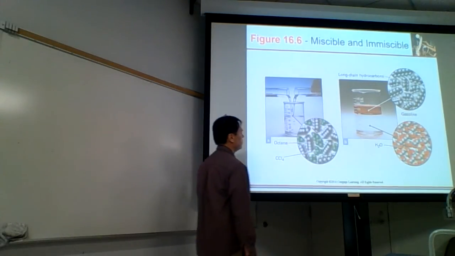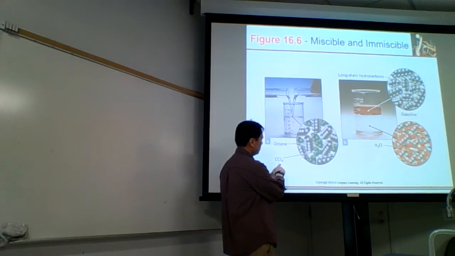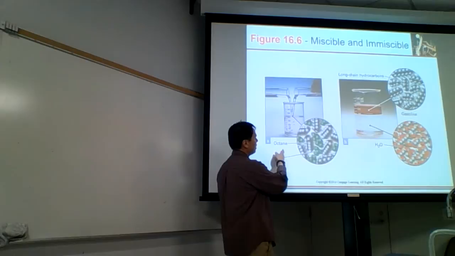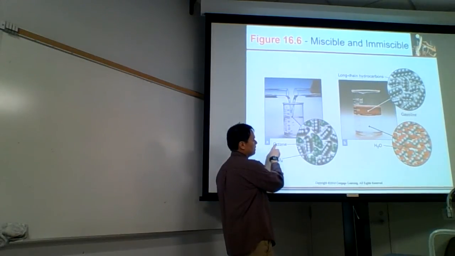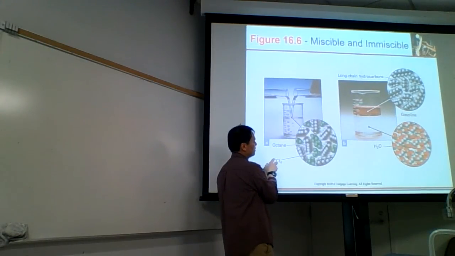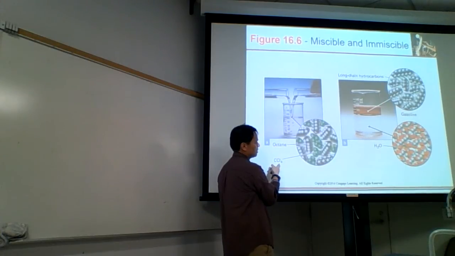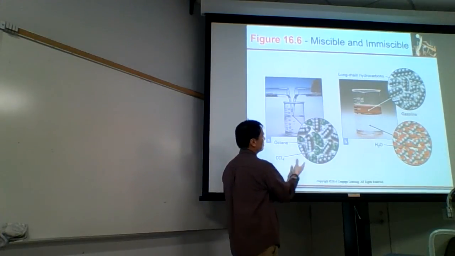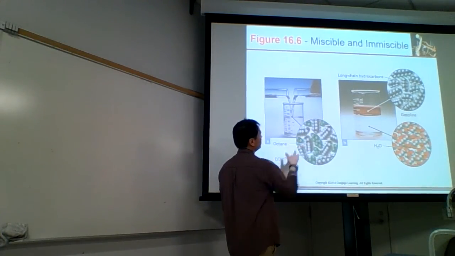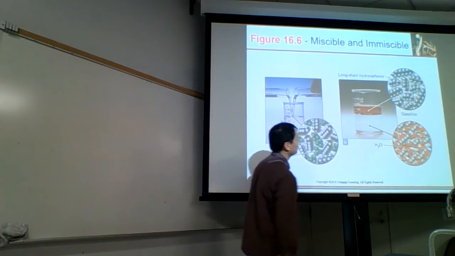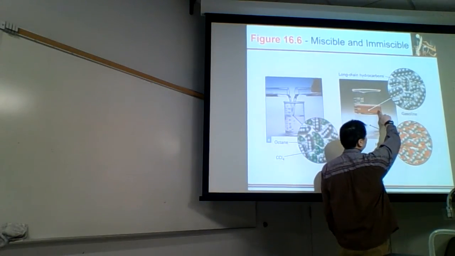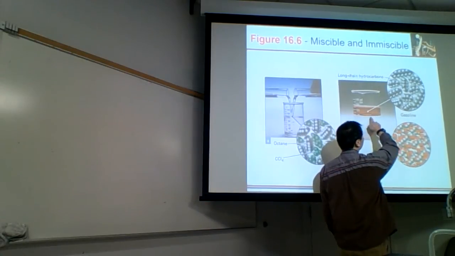Oil, however, does like carbon tetrachloride. Carbon tetrachloride is nonpolar. So if we have something like gasoline, octanes in gasoline, and mix it, or oil mixed with carbon tetrachloride, they like each other and therefore they're miscible, soluble in all proportions. But if we take oil or gasoline and try to mix it with water, it's immiscible.